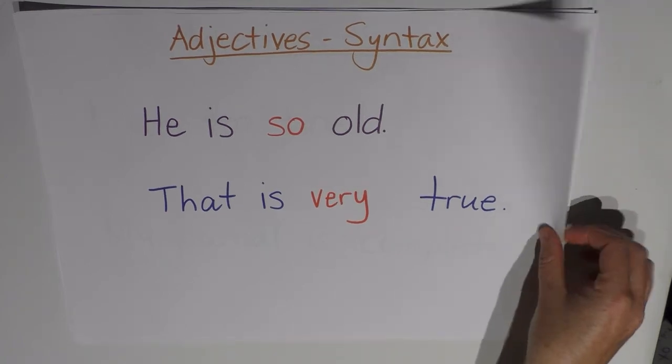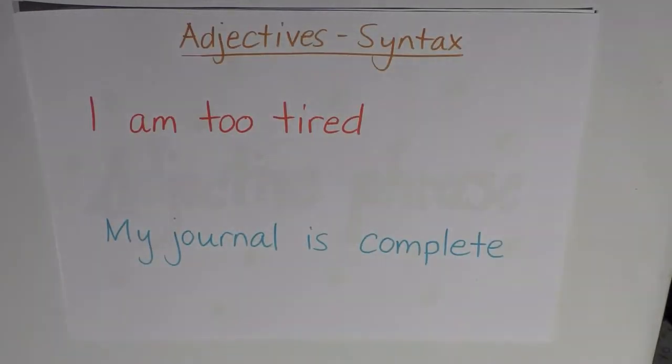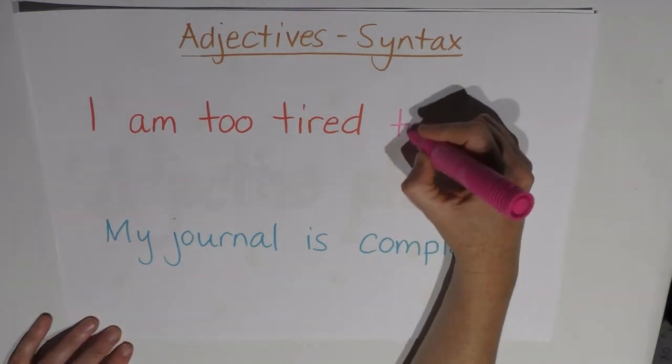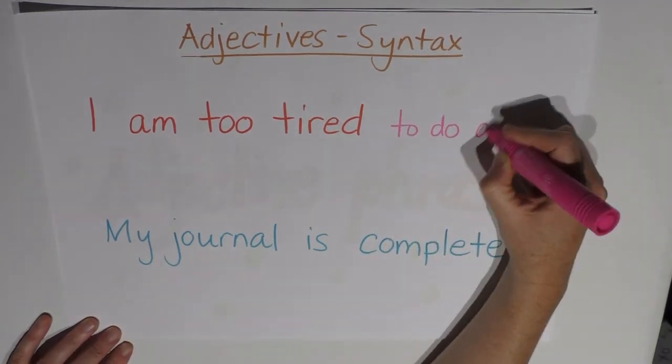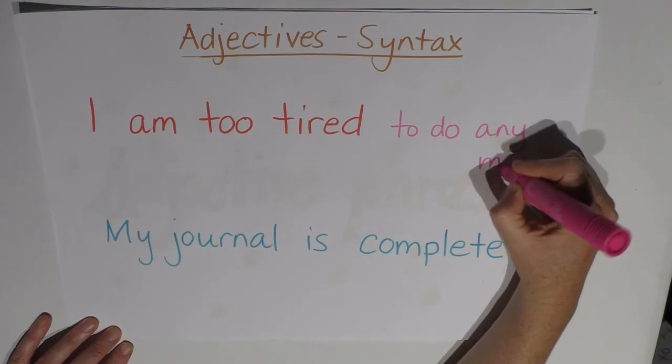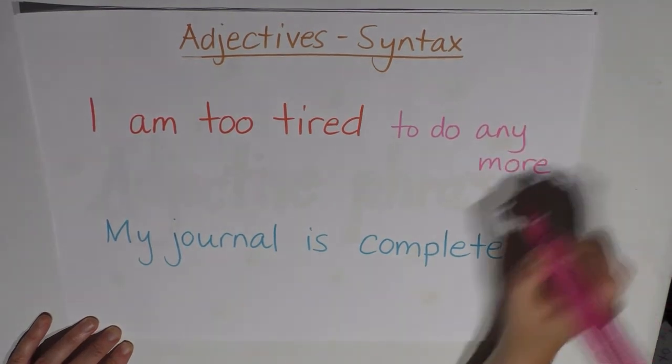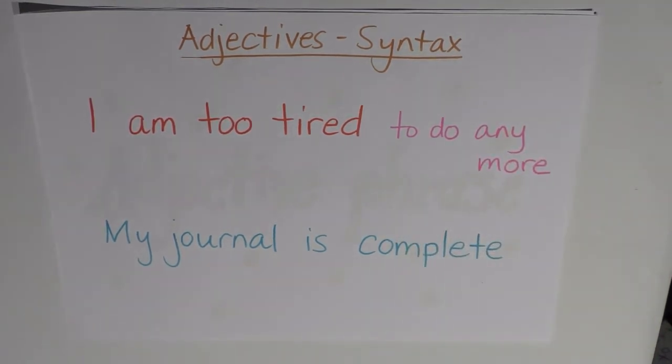Now, our third syntactic behaviour that we find in adjectives is that they can be clarified. They can have dependents that clarify their meaning. So if we take the sentence, I am too tired, we can add on to the end, to do any more. Now this to do any more is clarifying tired. How tired are you?